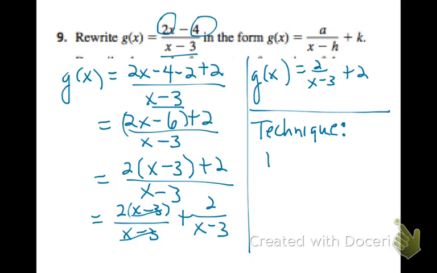So you can add and subtract the same value, and essentially you're adding 0 to that numerator, but it just has a different look to it. And then you can manipulate those numbers to rearrange that equation.